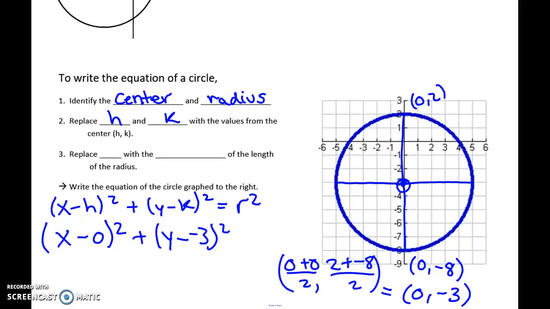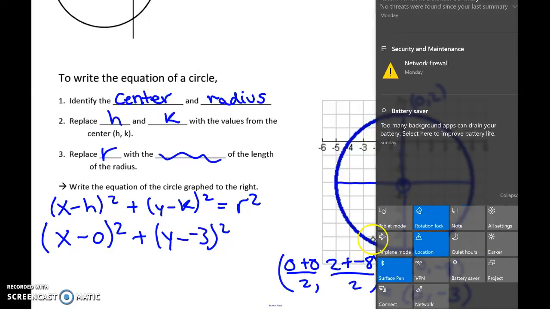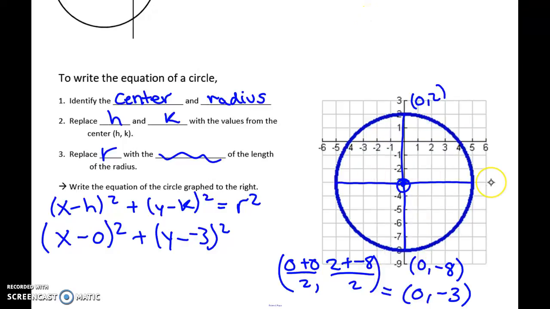Last but not least, I replace r with the length of the radius, which is how far I am from the center to the edge of my circle.